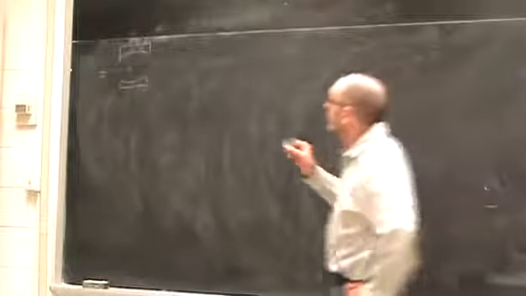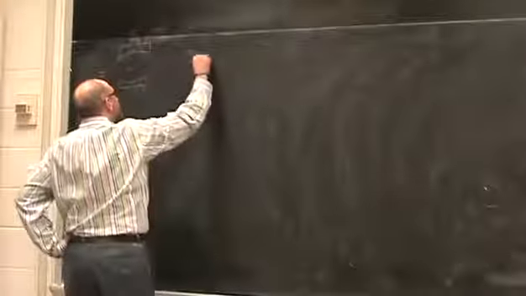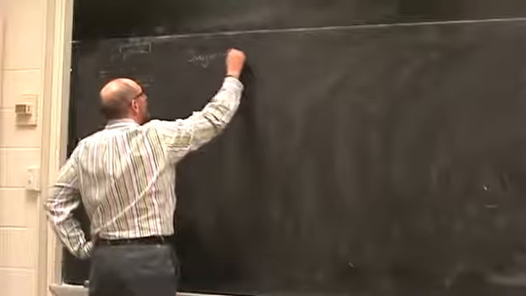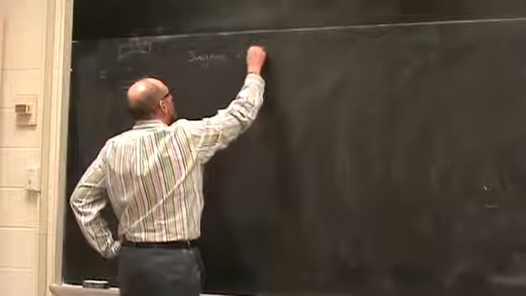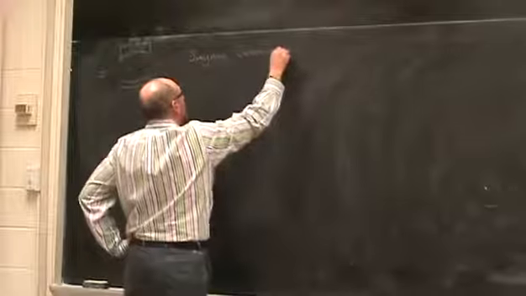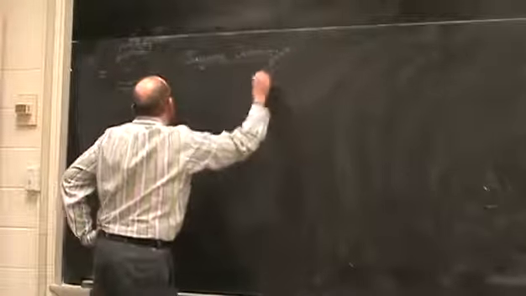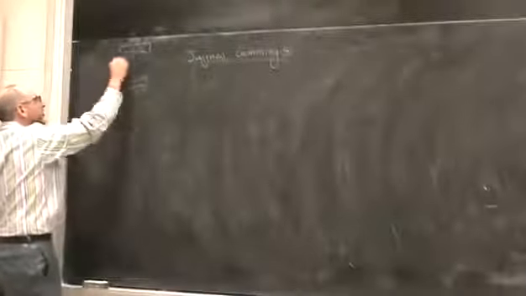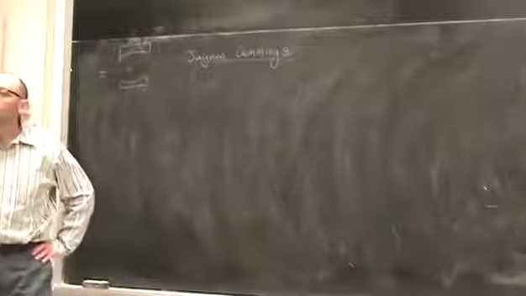And then you remember from our analysis and studies last semester that this system is described by the Jaynes-Cummings model, right? And the Jaynes-Cummings model is the coupling of that two-level system to the single-mode harmonic oscillator.